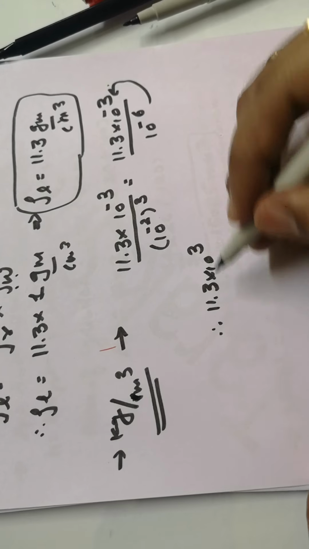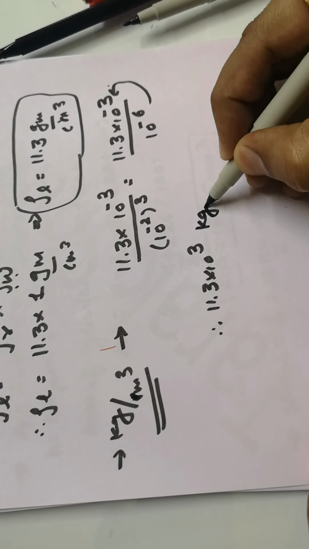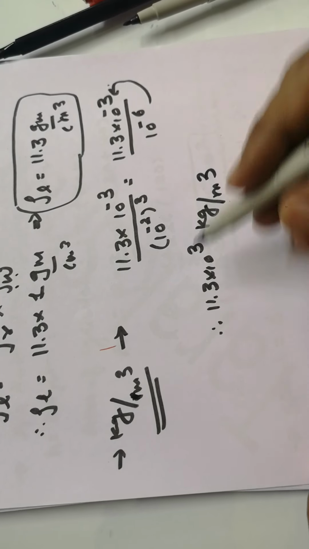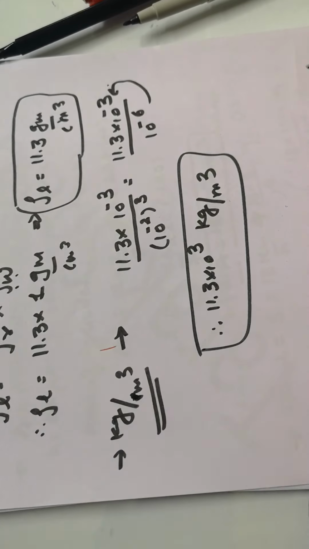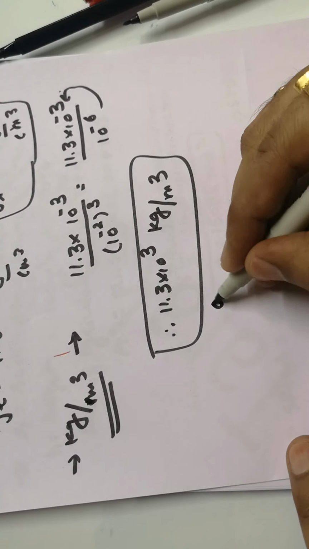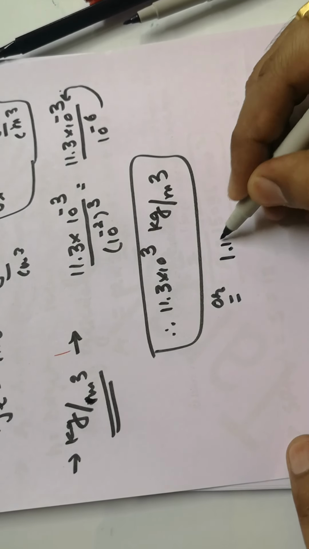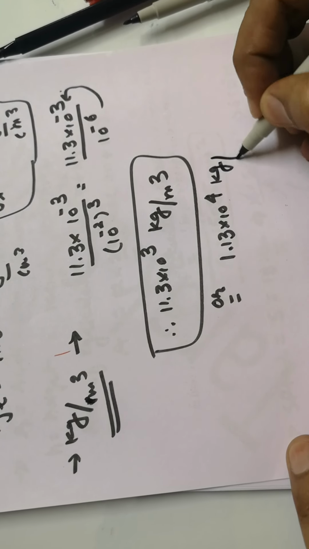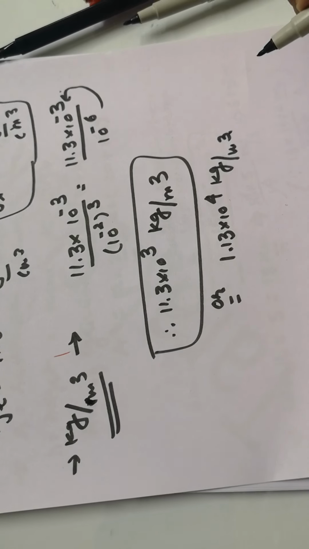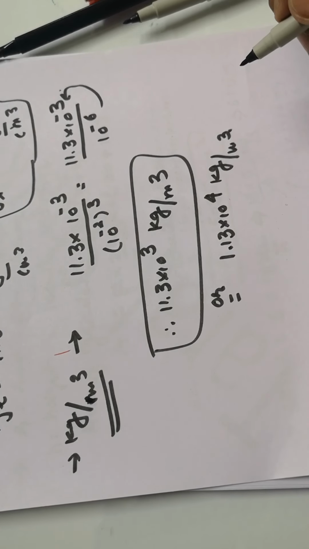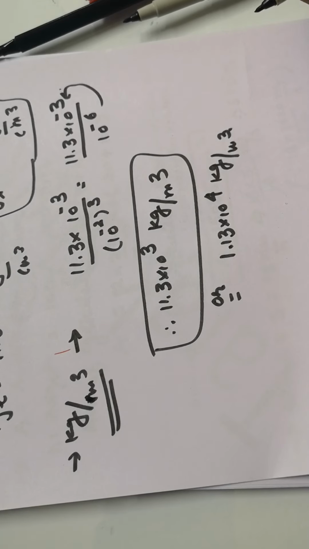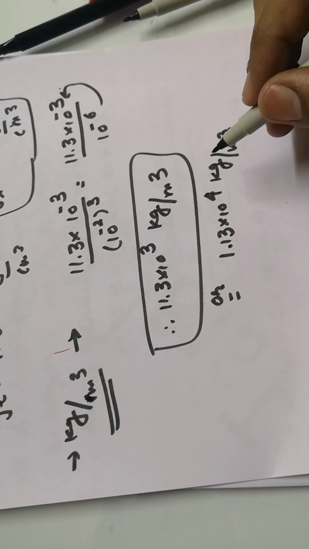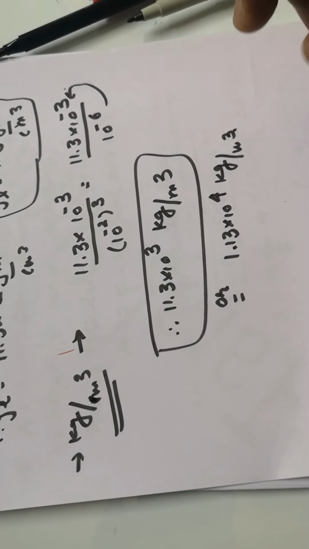If you want one more power, first of all I am mentioning my unit. So this is actually my answer in terms of kilogram per meter cube. Or you can say that 1.13 cross 10 to the power 4 kilogram per meter cube. So this is another method. Whenever you have a power, you can convert such a power by giving your power to the 10 power.